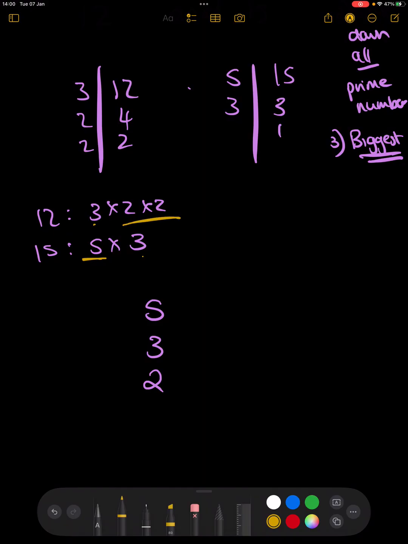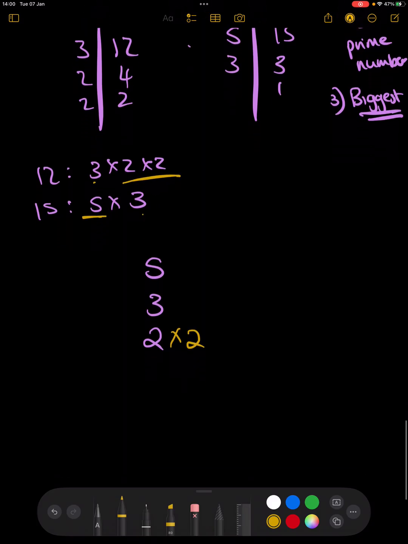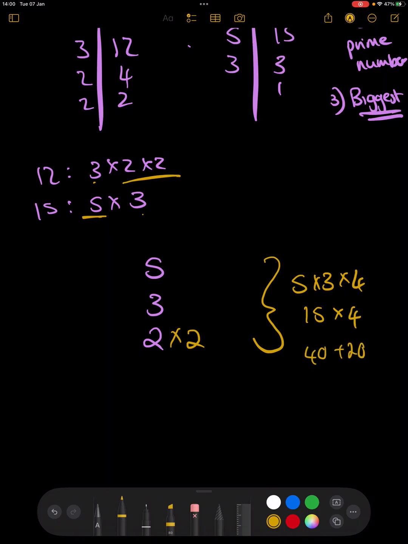And then my 2's, there are 2 2's in one row. So therefore, to get my LCM, I'm going to say 5 times 3 times 4. So that's going to give me 15 times 4. That's going to give me 40 plus 20. So my answer is 60. That is the lowest common multiple for these two numbers.